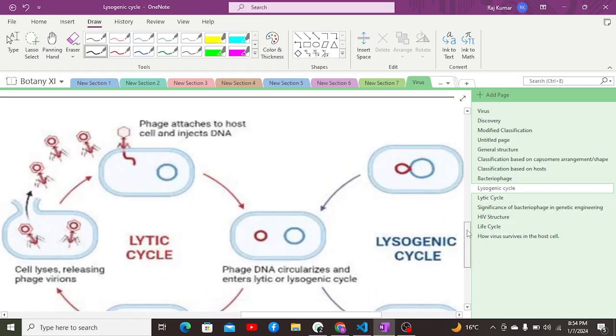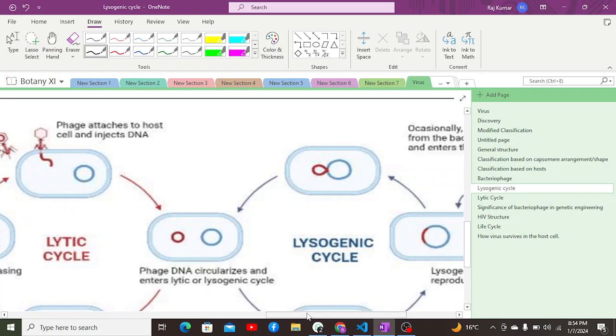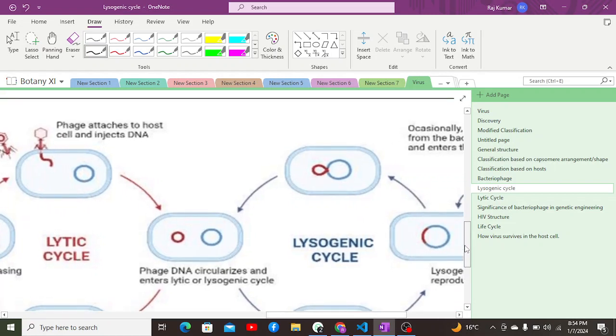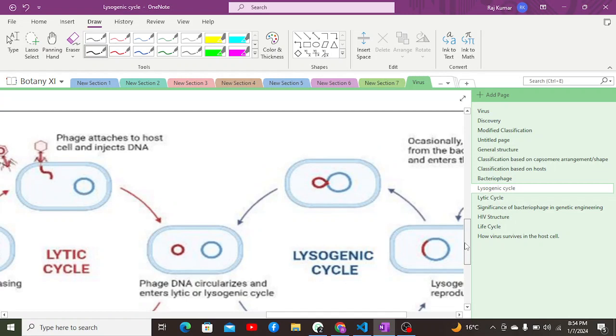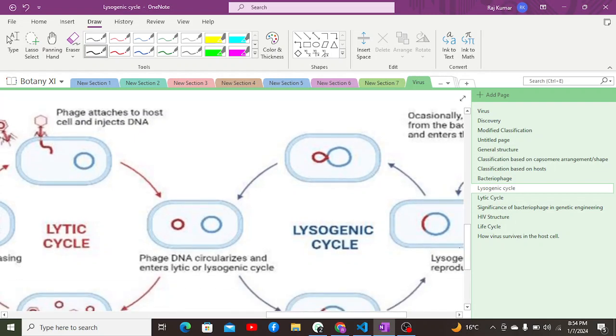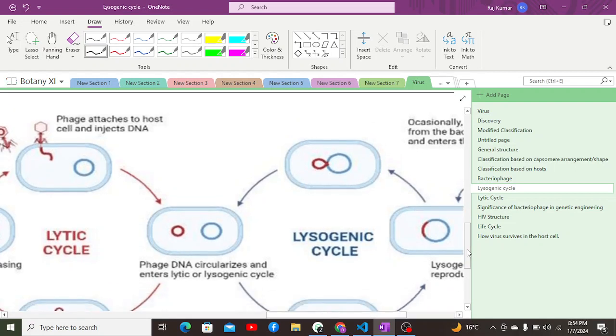Let's discuss. Lysogenic bacteria, as I previously told, are those which have the lysogenic cycle in them. So when lysogenic phages or temperate phages or prophages enter inside the cell, the first processes are simple.